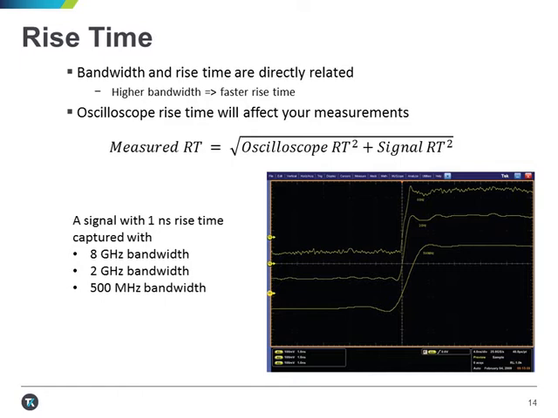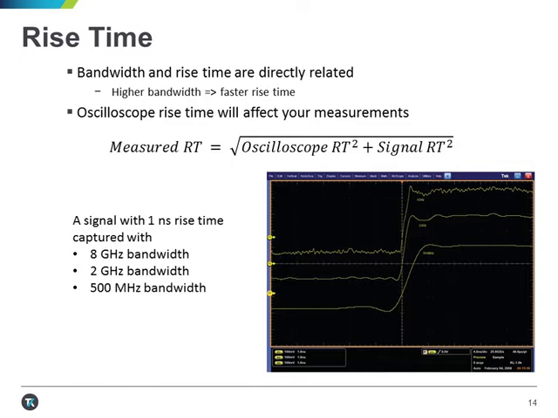What you'll notice is that at the 500 megahertz bandwidth, the edge is slowed down quite a bit. As the equation on the slide suggests, the rise time you see is the combination of the actual rise time of the signal and the rise time of the oscilloscope. So at 500 megahertz, the scope adds slope that isn't part of the frequency components of the signal being attenuated.